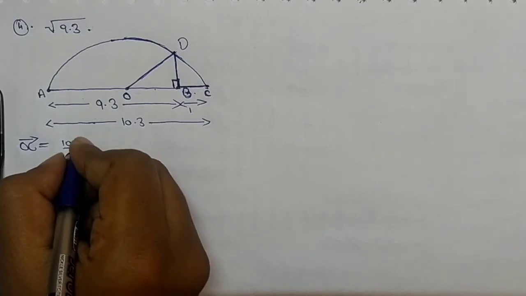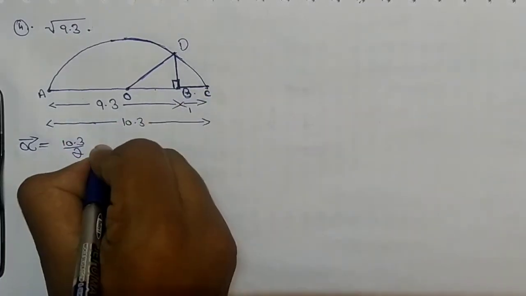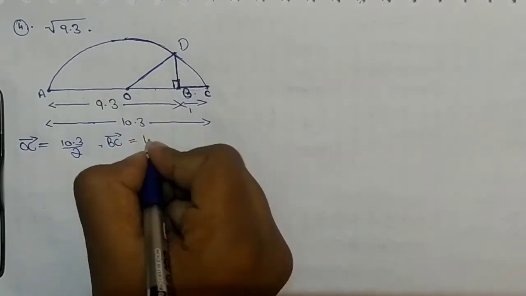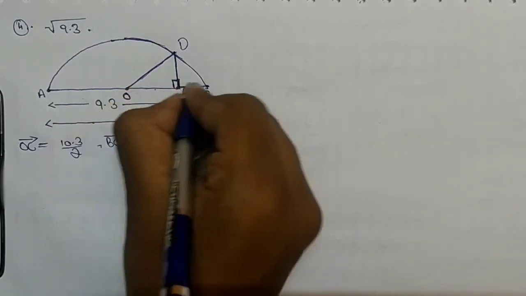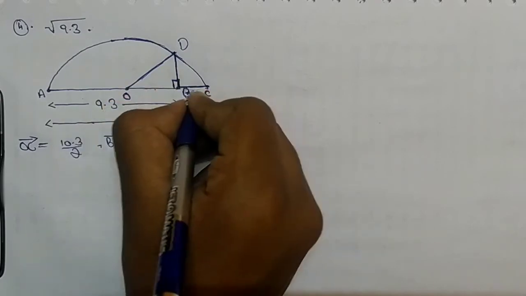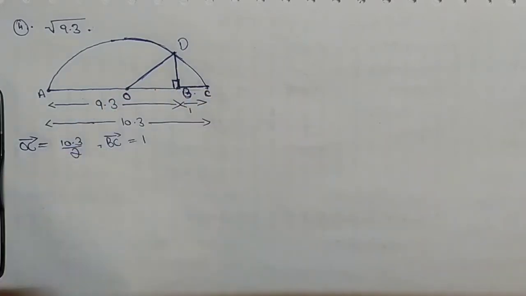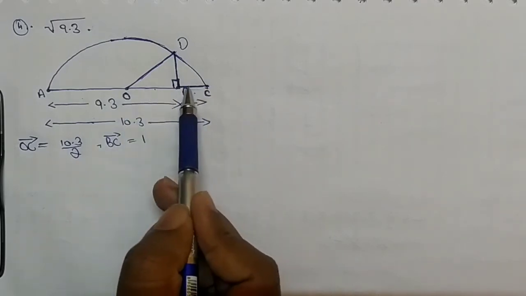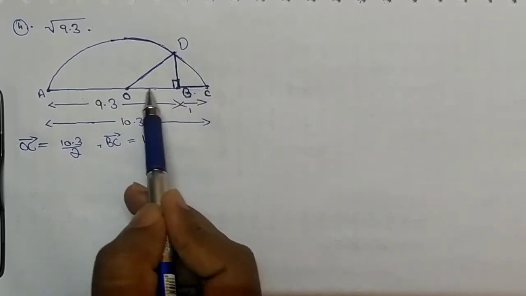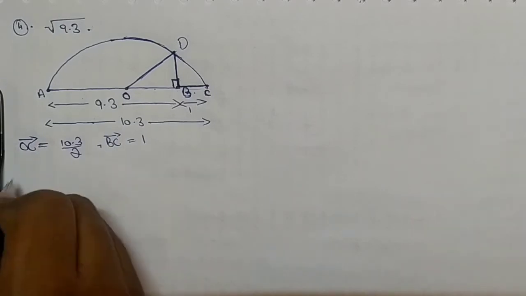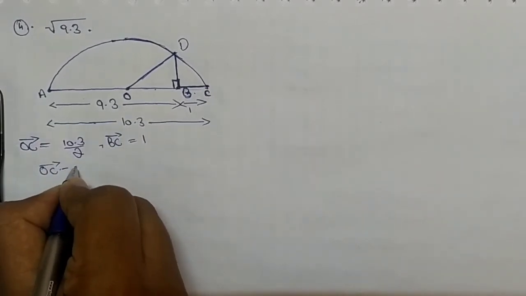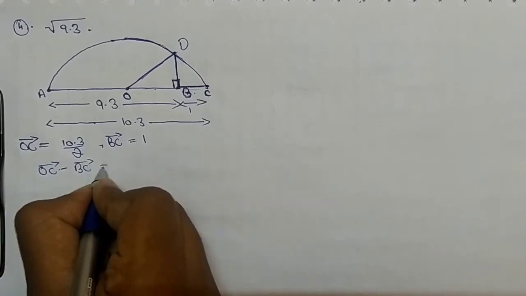BC is how much? Length BC is equal to 1. If we subtract BC from OC, then we will get OB.